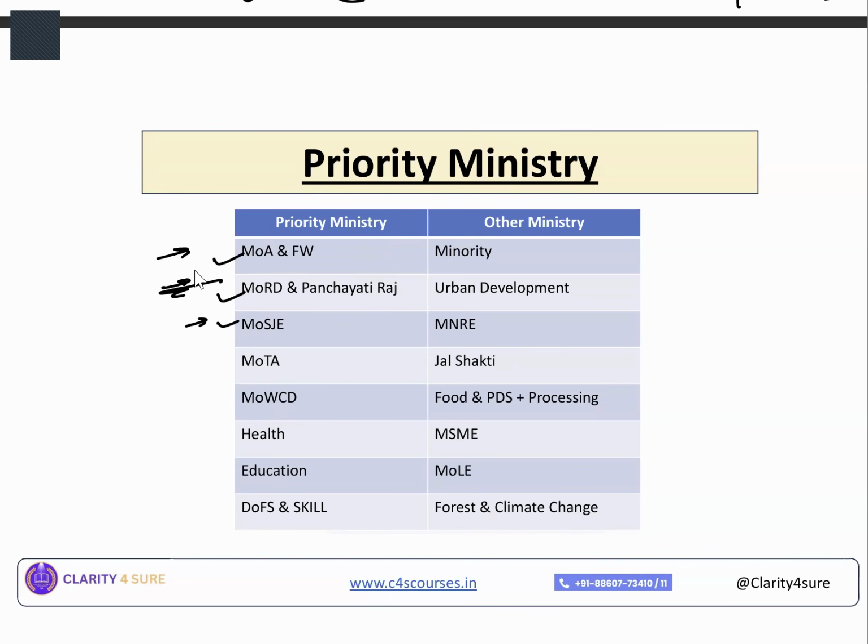Animal husbandry is part of agriculture only. They have asked the Matsya Sampada Yojana earlier. DAY-NRLM is a part of rural development, and you have seen that they have already asked DAY-NRLM in the descriptive. So these ministries are very important, my dear friends.